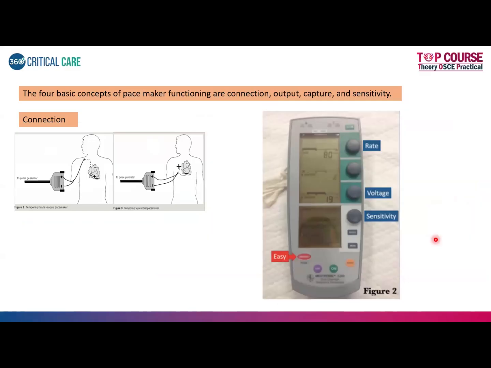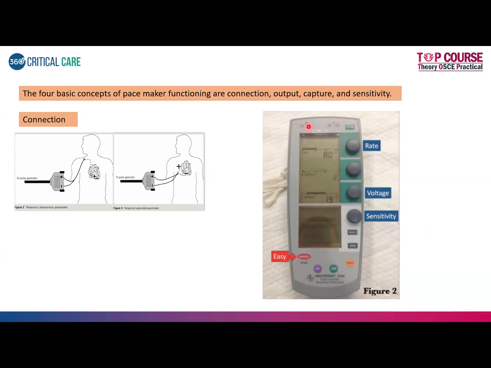The four basic concepts of pacemaker functioning are connection, output, capture, and sensitivity. So, where the connection is happening, usually, we have this. I believe everyone has seen a temporary pacemaker in their ICUs, and we have the various buttons which manage the rate, the voltage, and the sensitivity, and whatever you are changing can be seen in the monitor of the temporary pacemaker.